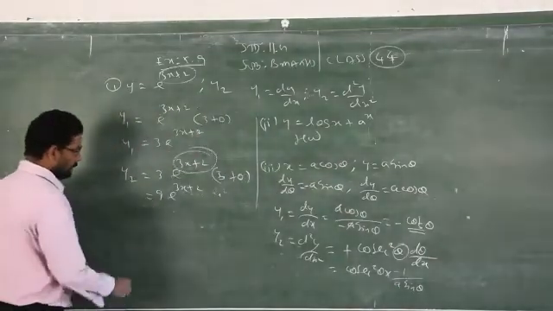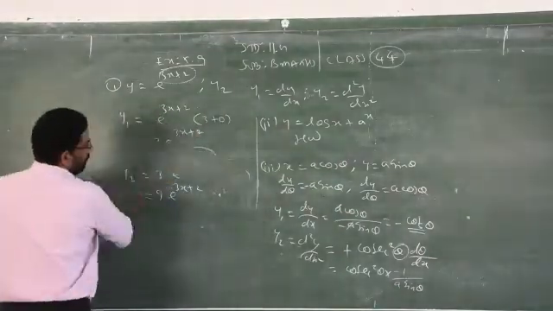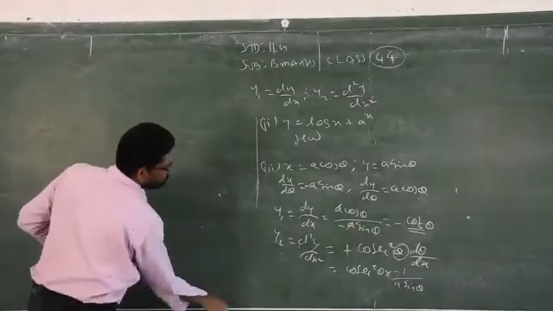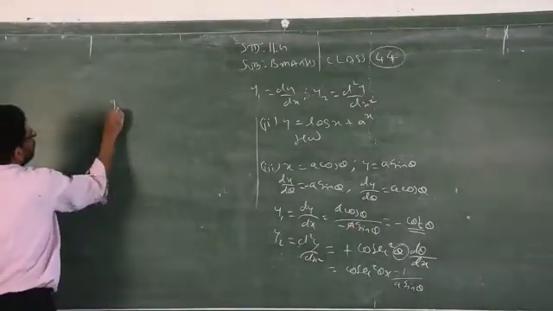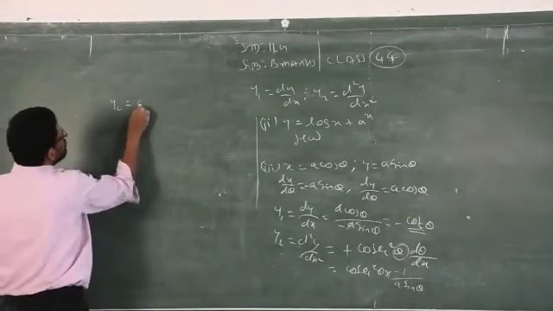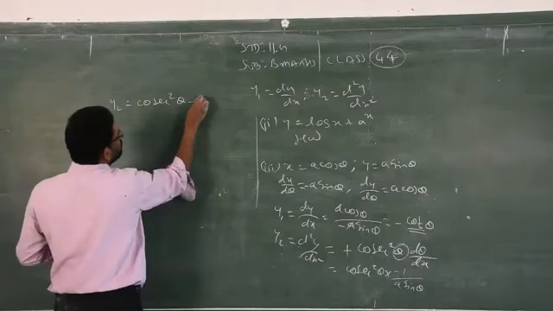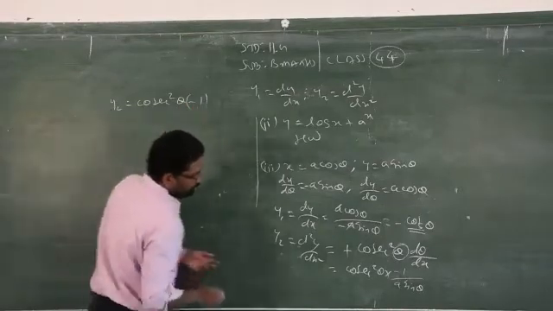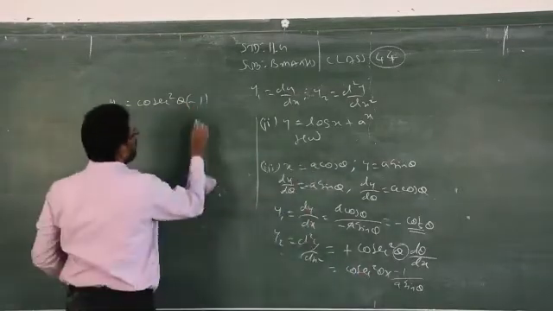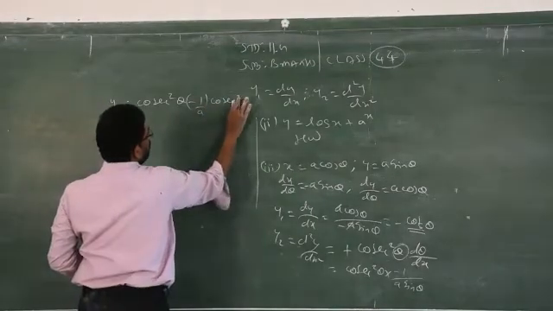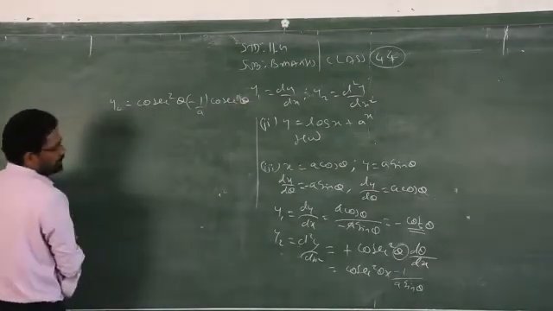What is 1 by sin theta? You know very well, y2 is equal to cosecant square theta into minus 1 by a sin theta. 1 by sin theta is nothing but cosecant theta.